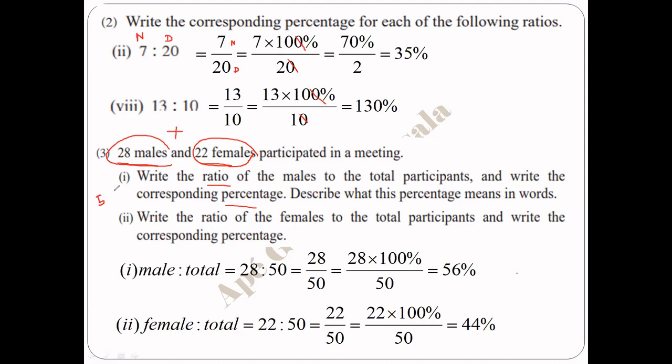Why do we need the total here? They ask, write the ratio of the males to the total. Males to the total. You have to be careful about what is given in the question.